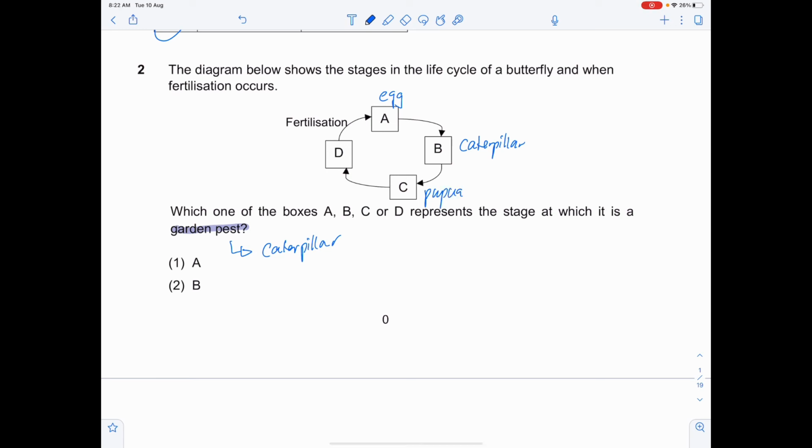Okay, and then after that, you have your D. After your pupa, you have your adult butterfly over here. So it's important to actually do certain annotations like this. This would really help you to get a better understanding of what exactly the question is asking for. So in this case, the answer would be B.